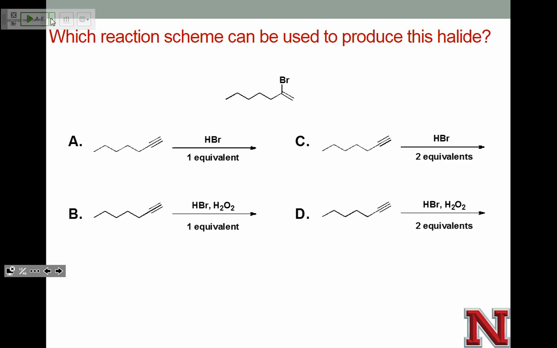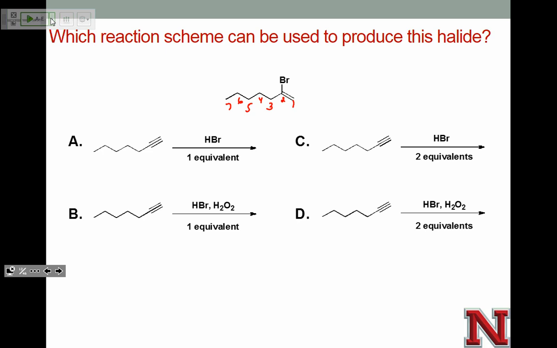So looking at this example, we're only adding one equivalent of H and Br from our triple bond, and it's in the Markovnikov position. So we know we're starting with the triple bond, and we know we're adding HBr, and we know we're only adding one equivalent.